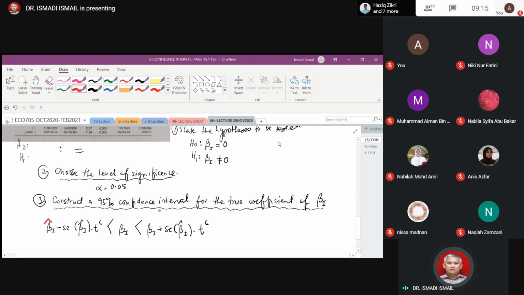So we have this, and here is the true coefficient.